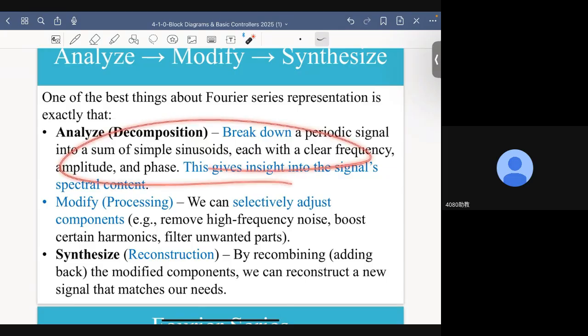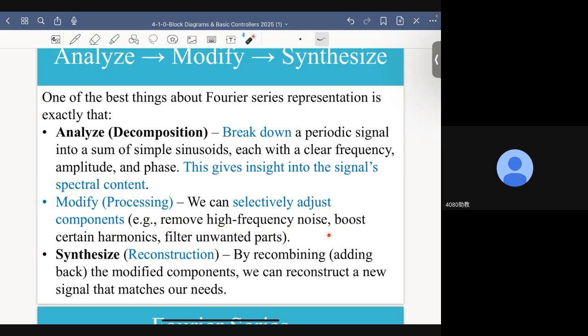Once you have its Fourier series representation, the next thing you can do is modifying, also called processing. We can selectively adjust components. For example, remove high frequency notes, okay?